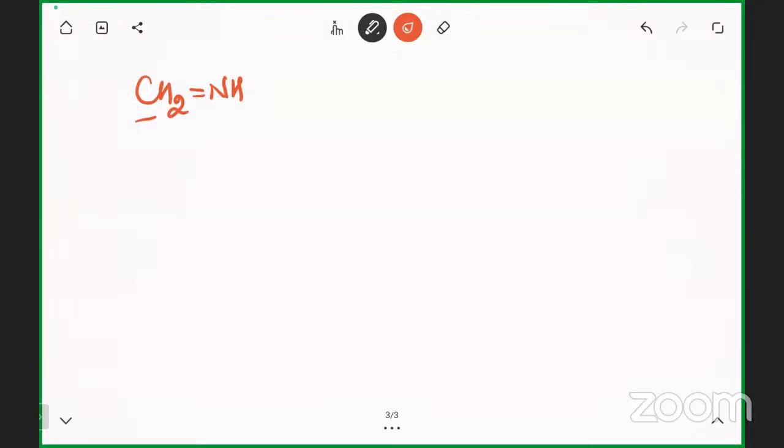So carbon here is sp2 hybridized. Okay. Now tell me hybridization in this case. This is carbon number 1, carbon number 2, carbon number 3, carbon number 4. Okay. Carbon number 1. Hybridization.